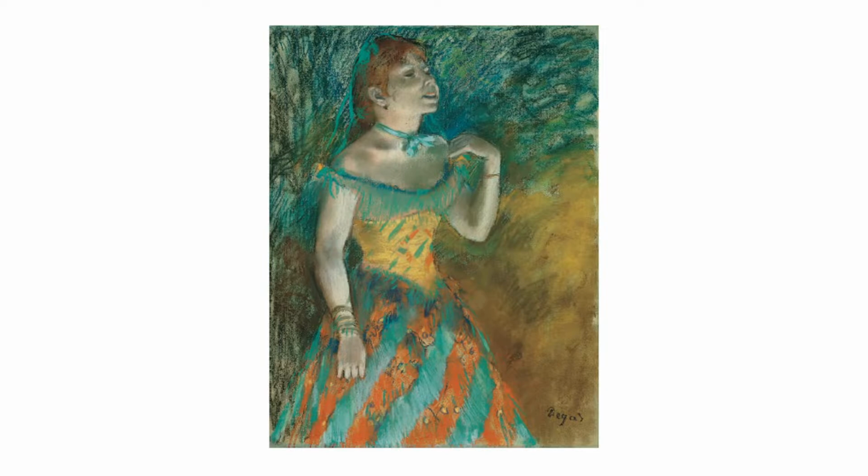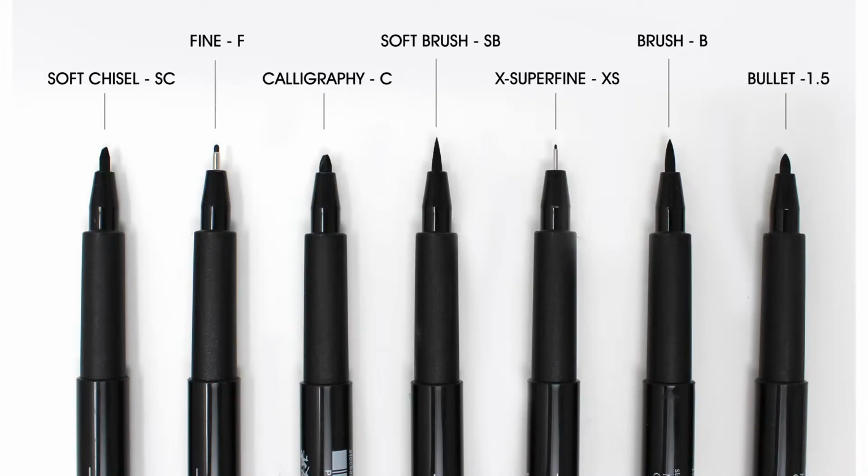Here, Edgar Degas' work is a great example of taking advantage of the strengths of pastel. Notice how he was able to create this smooth transition of value within this figure, at the same time mixing the color all around his drawing surface.